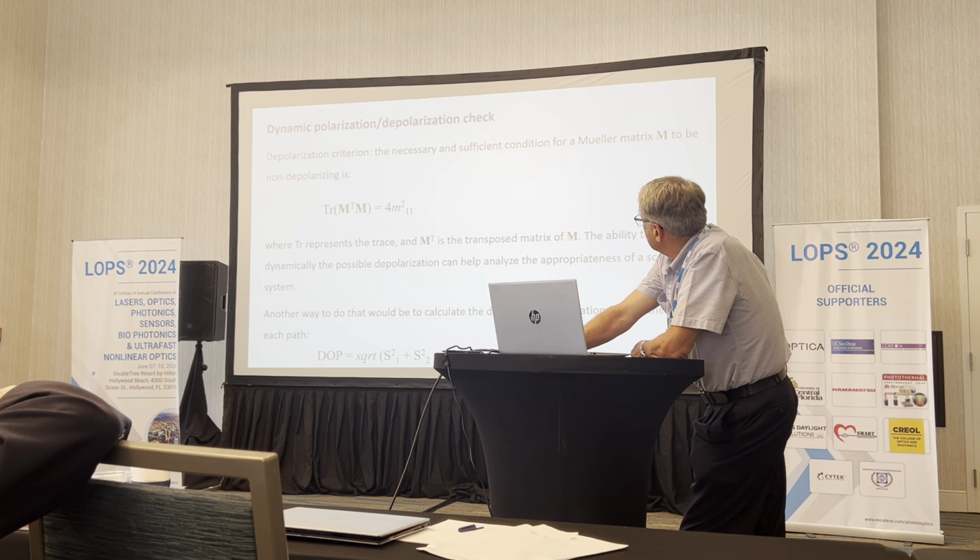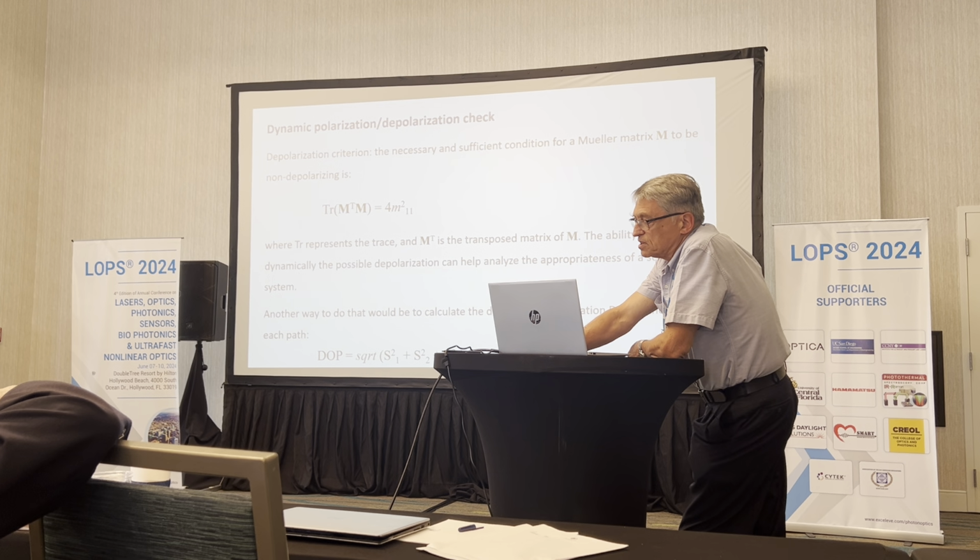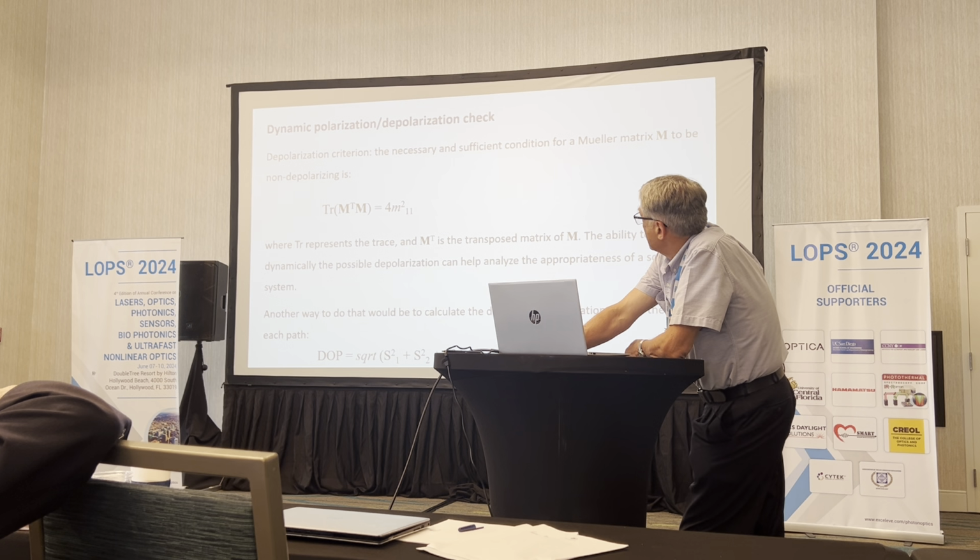And in the same way, you can also analyze the depolarization in case you have any. The equation for depolarization is the trace of the Mueller matrix times its transposed matrix.